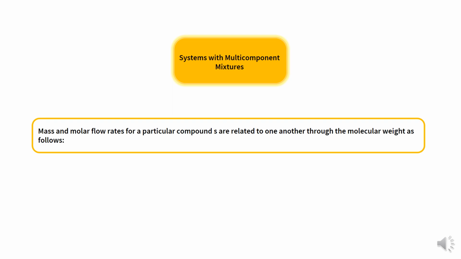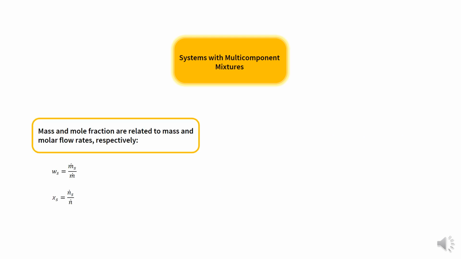Mass and molar flow rates for a particular compound S are related to one another through the molecular weight as follows. The mole flow rate can be calculated as the mass flow rate divided by the molecular weight. Mass and mole fraction are related to mass and molar flow rate, respectively.